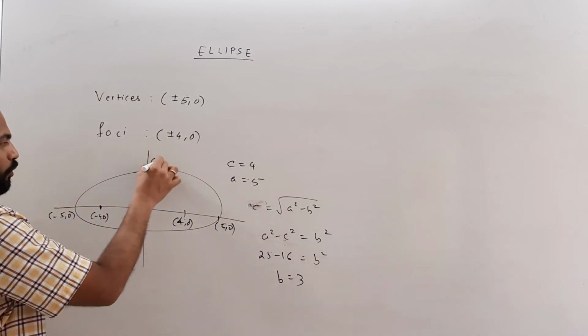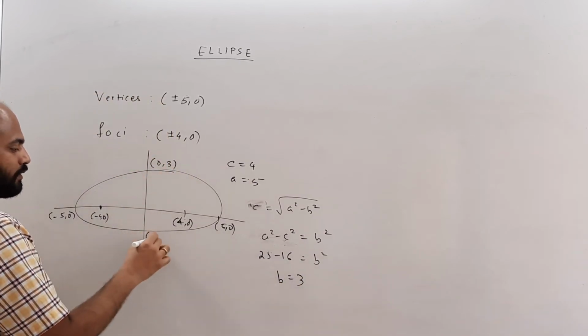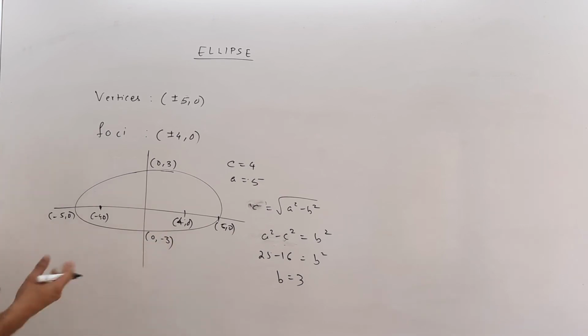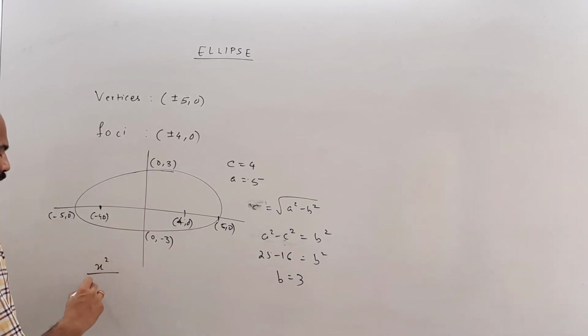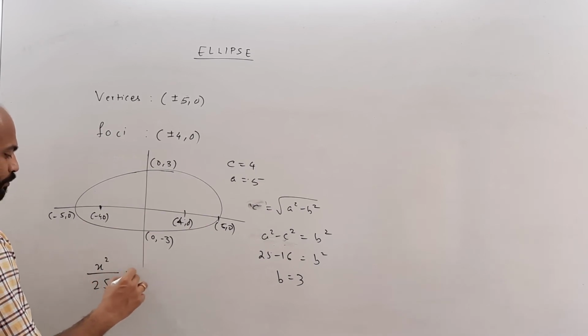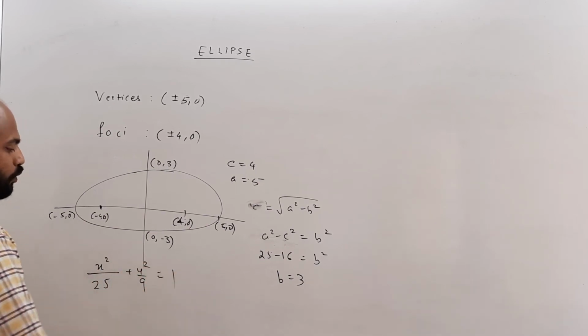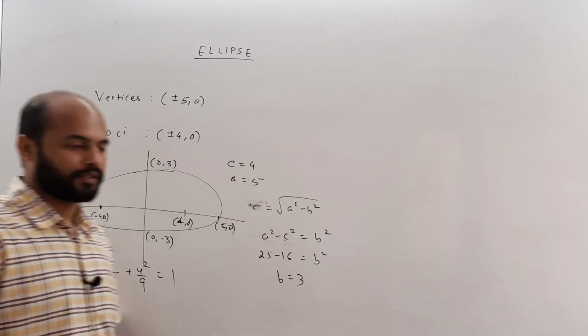So it means that this point is going to be 0, 3 and this point is 0, minus 3. Once we find this, we can find the equation of ellipse as x square by a square, which is 25, plus y square by 9 is equal to 1. That is the answer to this question.